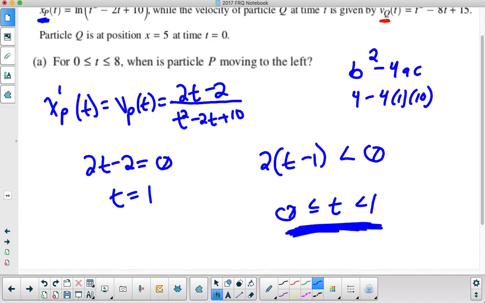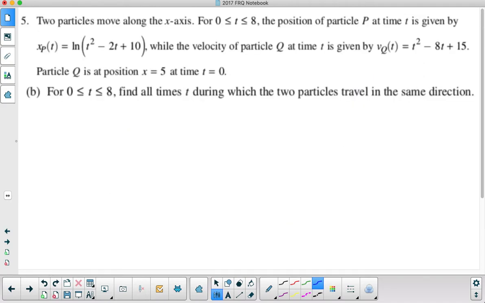Okay, part B. Same interval, 0 to 8. Find all the times t at which the two particles travel in the same direction. Remember, same direction means same sign on your velocity. So we're looking for where the velocity has the same sign, both positive or both negative.